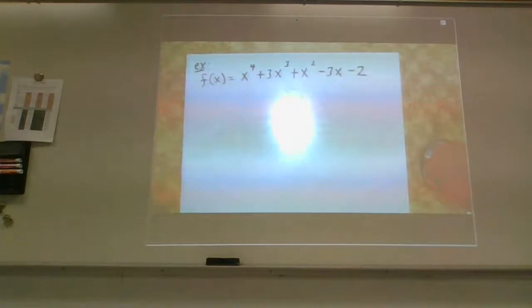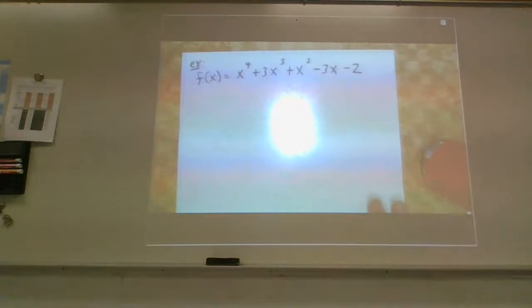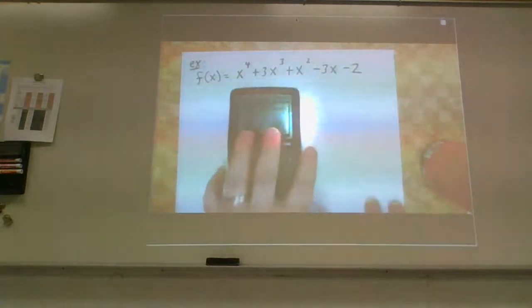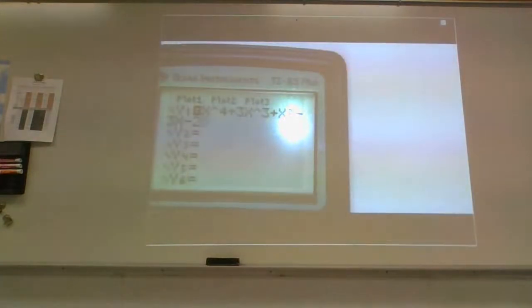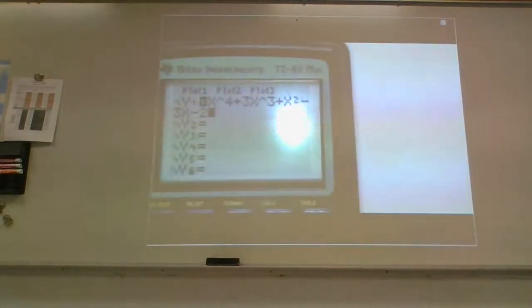I'm going to type it in so you don't have to. But that's the example that we are about to rock out to finish up this class period. Zooming in. There it is right there. There's the equation in all of its glory.